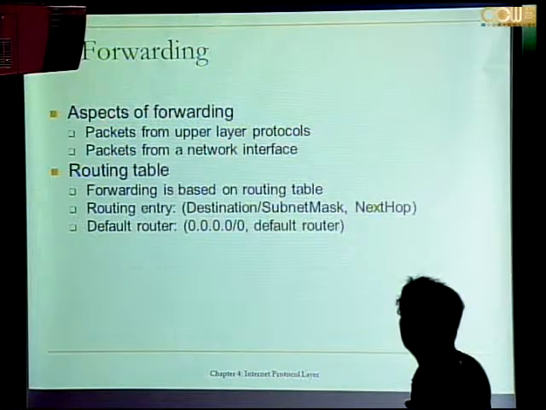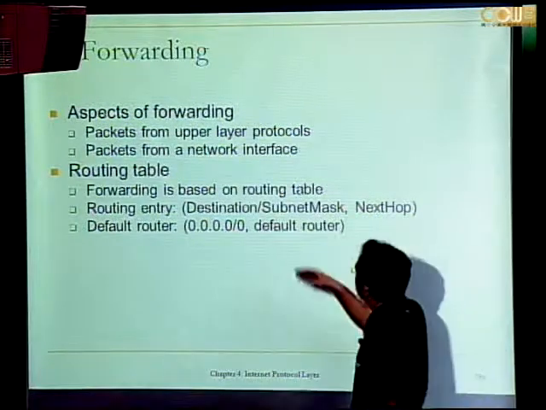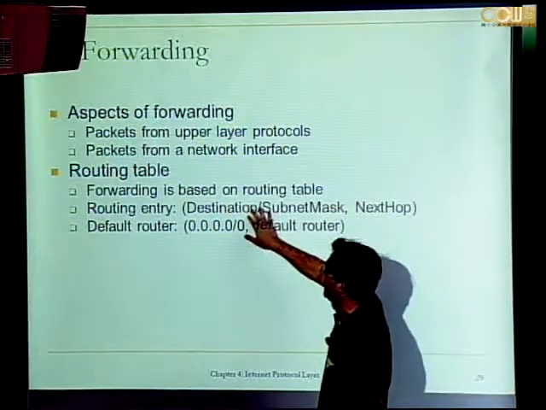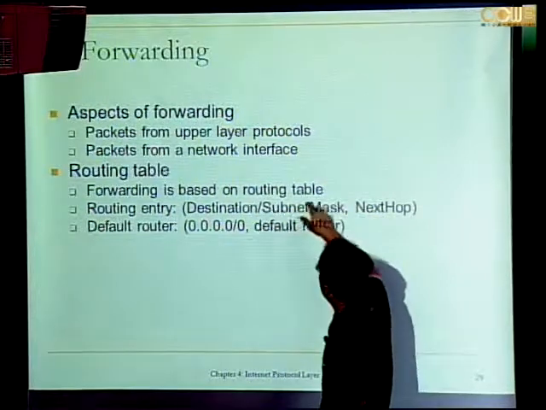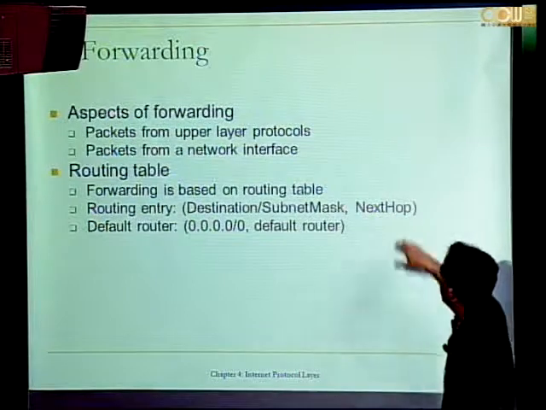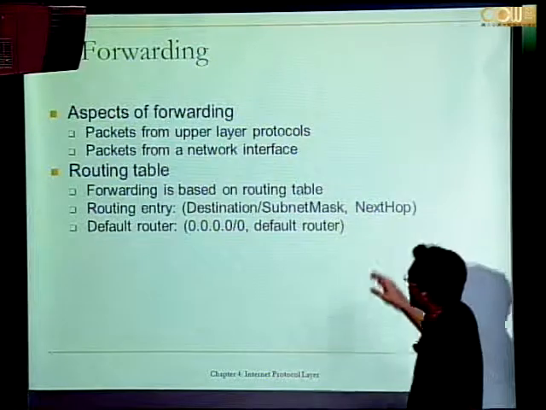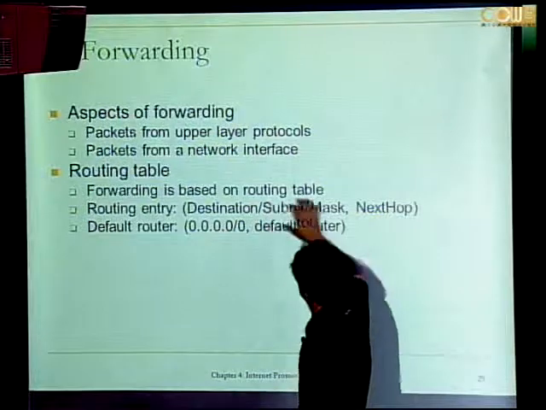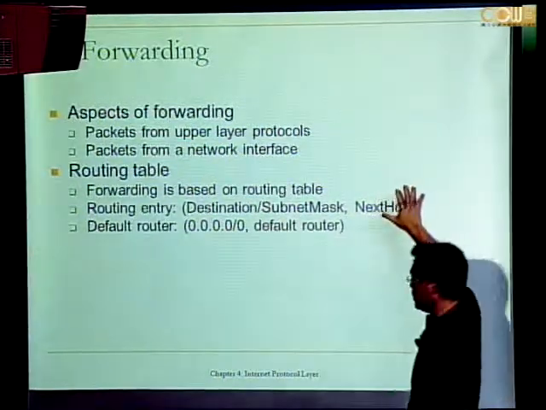We need to look up the routing table. The routing table should have the destination network, represented by the address slash the subnet mask length, and then the next hop router. Essentially, each routing table entry tells us that for this network, you should forward the packet to this hop. This hop is usually another router.